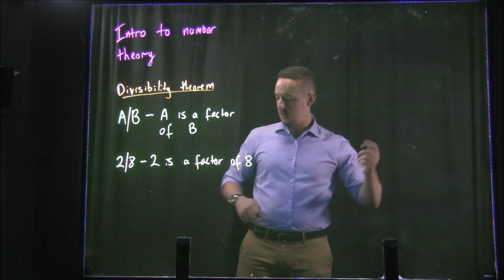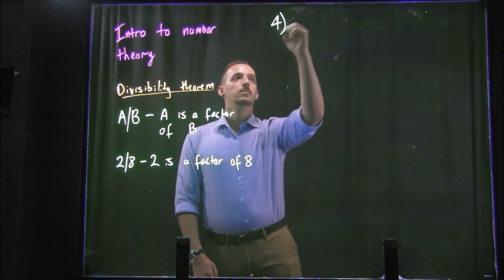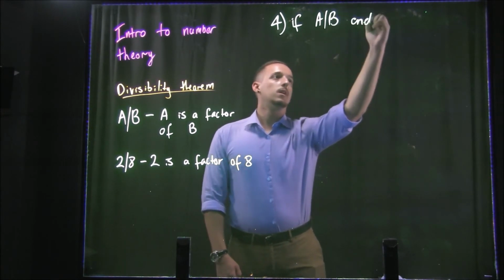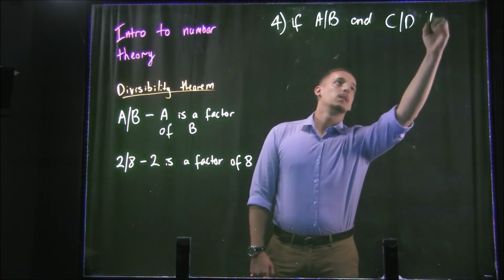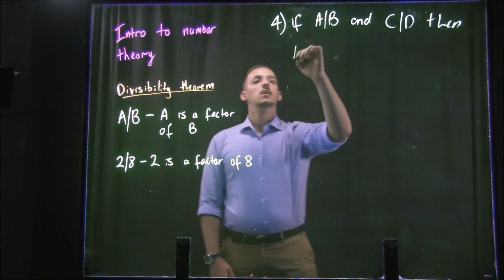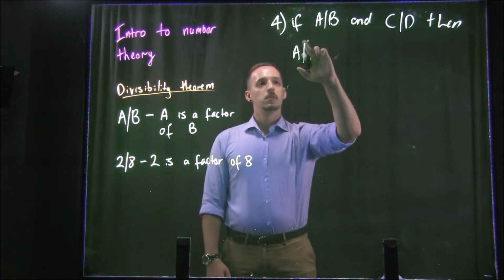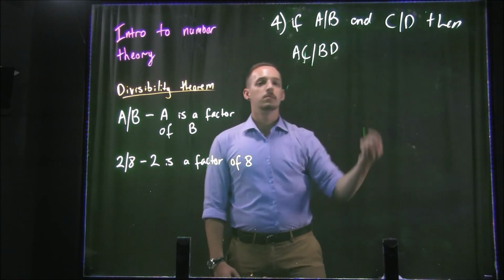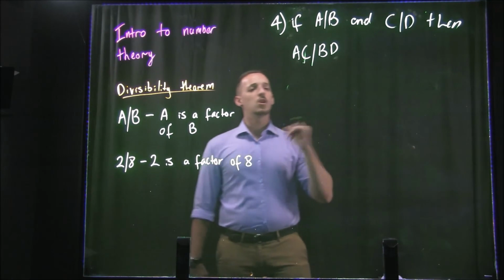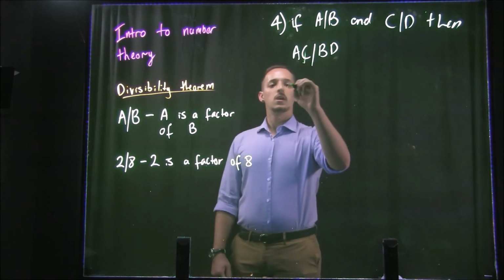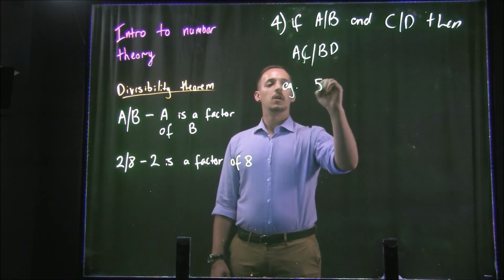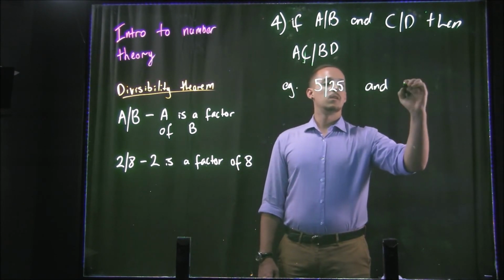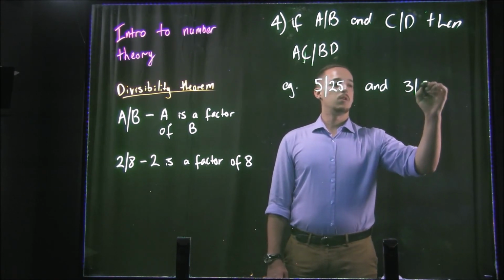And our very, very last one, 4. If A is a factor of B and C is a factor of D, then AC is a factor of BD. So let's take a couple of numbers. For example, 5 is a factor of 25 and 3 is a factor of 9.